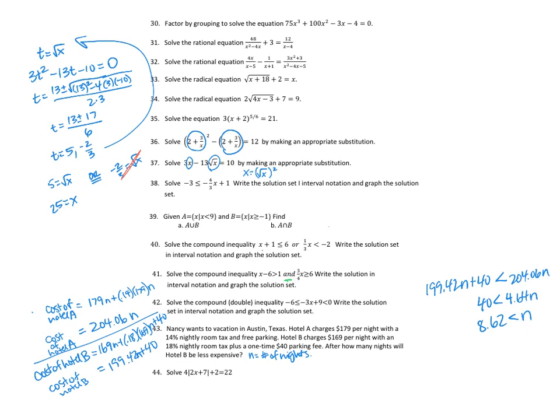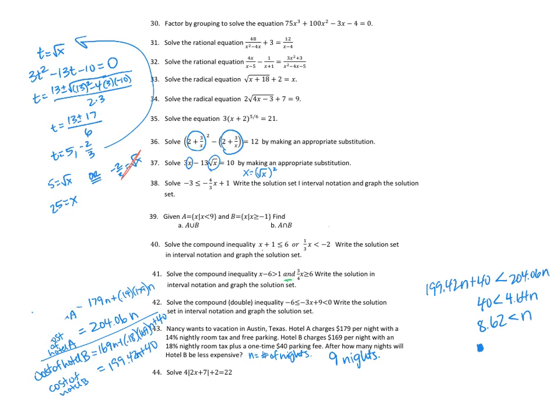So if n is greater than 8.62, or in other words, if n is greater than or equal to 9, so we want 9. On the 8th night, Hotel A will still be cheaper, but on the 9th night, Hotel B will be cheaper. So it takes 9 nights to make up for that $40 parking fee.